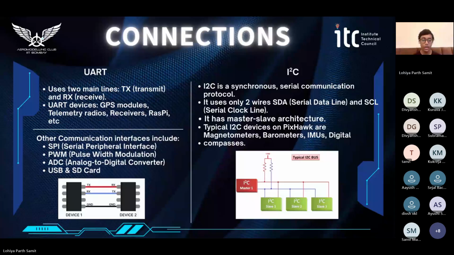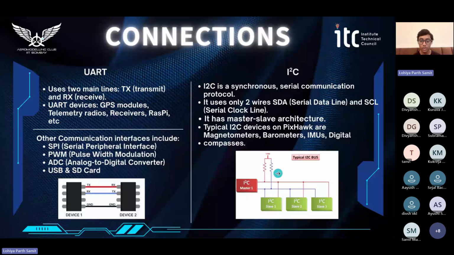And it is different from I2C because I2C is a synchronous serial communication protocol that uses several inputs at one time. It only uses two wires, that is the serial data line and the serial clock line.